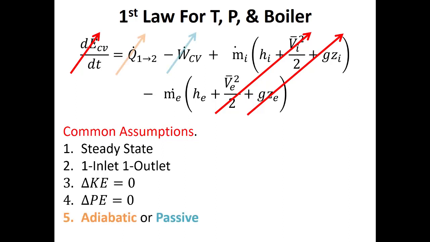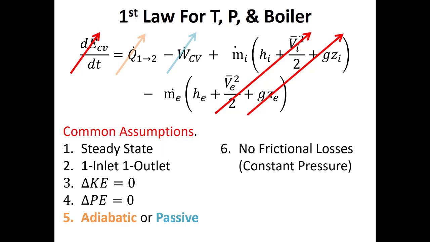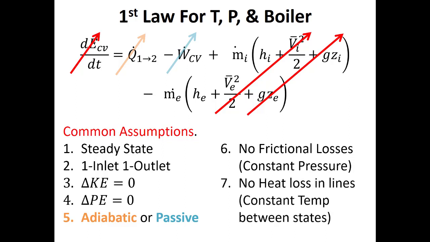We'll say that turbines and pumps are adiabatic, and we'll say that heat addition or rejection is passive. So we'll selectively get rid of either Q dot or W dot, depending on what the process is asking us to do. We're also going to say that in between the different processes, there are no friction or heat losses.